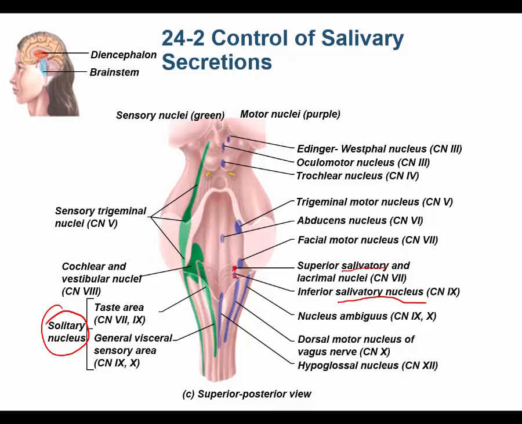This is where the control of salivary secretions comes from, and it's a reflex. When you have sensory input from food hitting your mouth, or sometimes even the thought of food from your cerebral cortex, it'll run down through these salivatory nuclei, and it'll run on cranial nerves 9 glossopharyngeal and 7 facial, and hit your salivary glands, and they'll secrete their products. So you can see the control right there in the brainstem. All right.